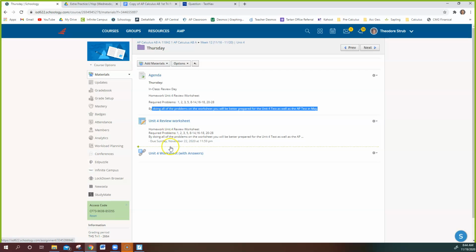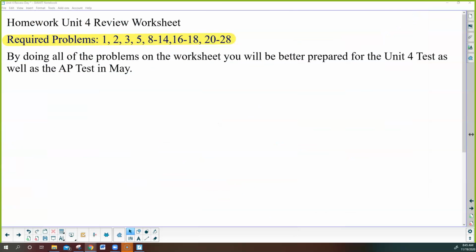When you're done, you can click on here to turn in the review worksheet. All you do is take a picture of it and submit it. And then here, the bottom link is where you find the review worksheet. That's in the Thursday folder, bottom link. You can open it up and start working.